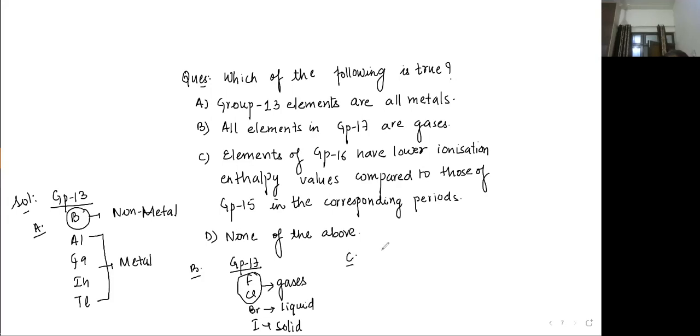Now C. Group 15 and group 16, if you move along a period, then ionization energy should increase. But there is an exception, which has NP3. Group 15 electronic configuration is NS2NP3. Group 16 is NS2NP4. So which will have greater ionization energy and why?